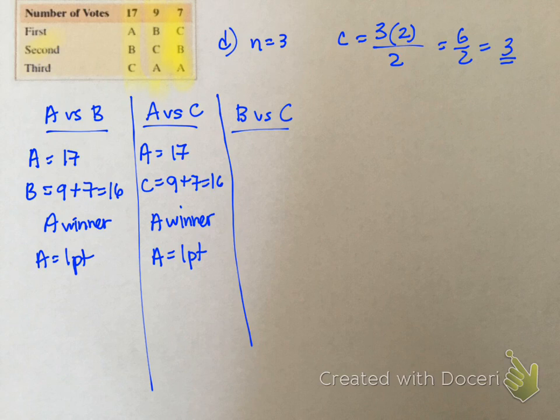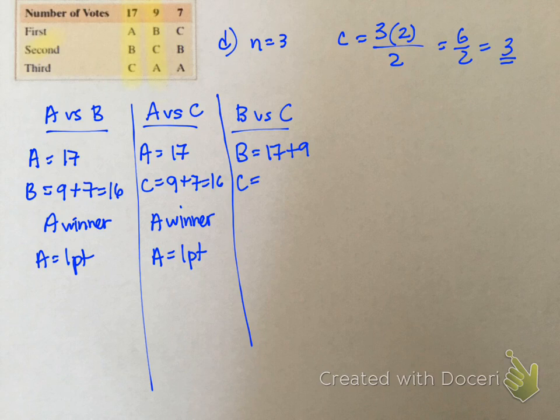Now let's do B versus C. So last one. So once again, look through each column and award the points to the person that has the highest ranking. So if I look at this, B is in second place, C is in third place, so B is the winner. So B gets the 17 points. The next one, B is in first place, C is in second, so B is awarded those points, so they get 9.